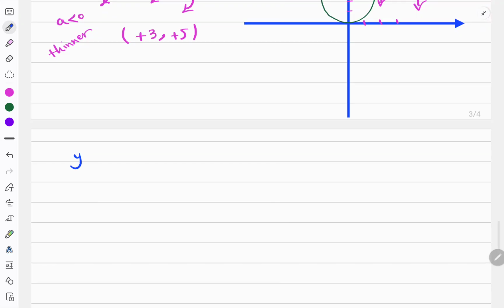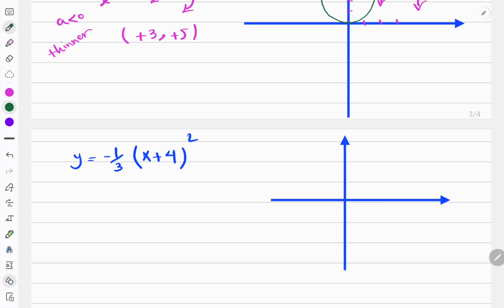And how about this one? Negative 1/3 (x + 4) squared. So it comes from y equals x squared. So this is y equals x squared, and it comes from x squared by using negative 4 and 0 as the vertex. 1, 2, 3, 4.